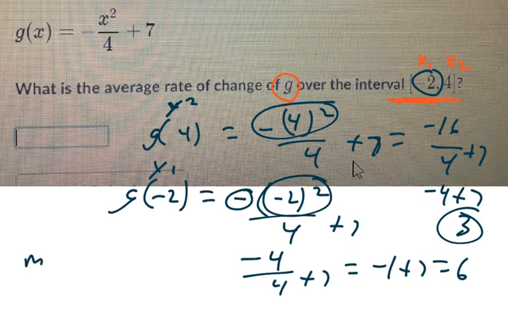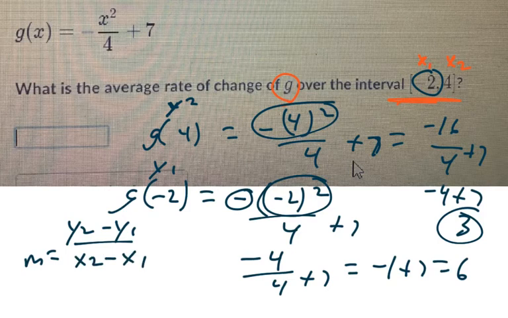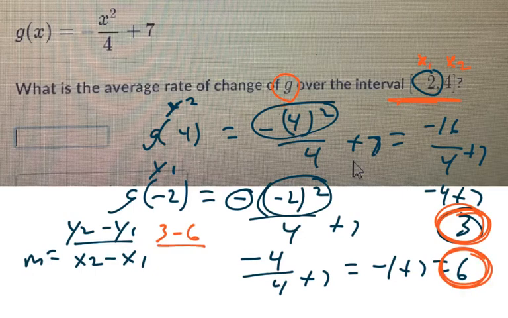So, remember, if I'm doing slope, I'm going to do y2 minus y1 over x2 minus x1, right? So, in our case, follow the red, y2, which is 3, minus y1, which is 6, over x2, remember our interval, x2 right there was 4, minus my x1 was negative 2.